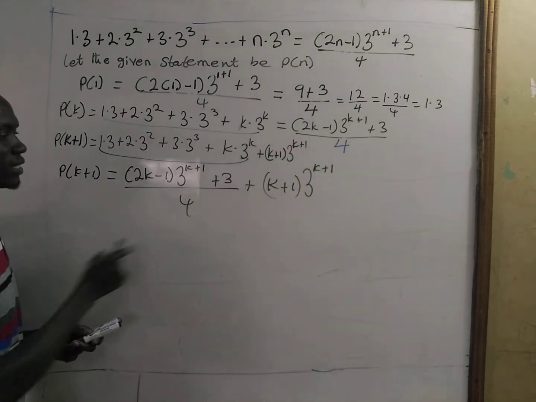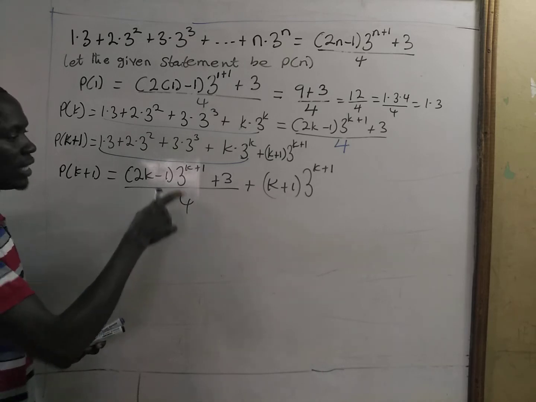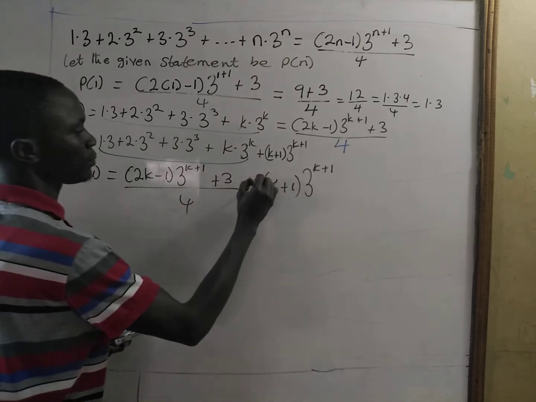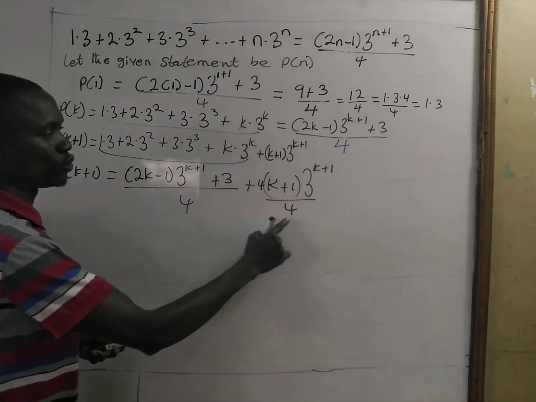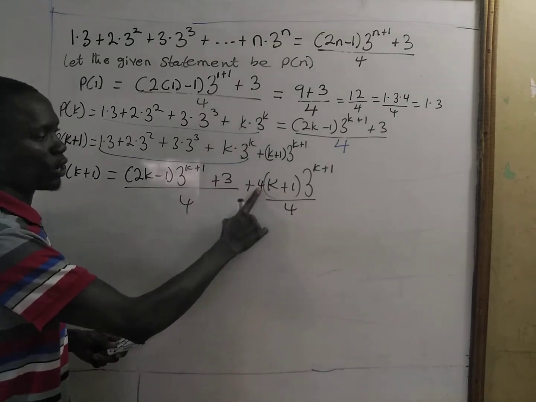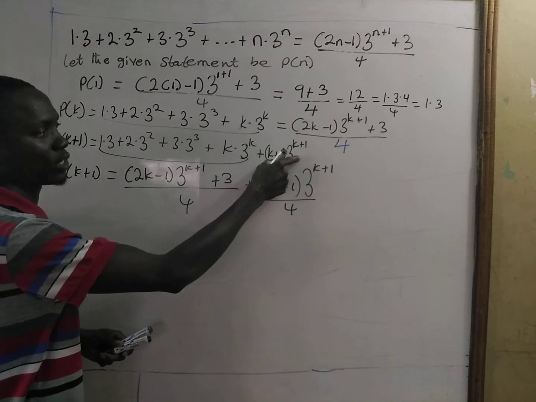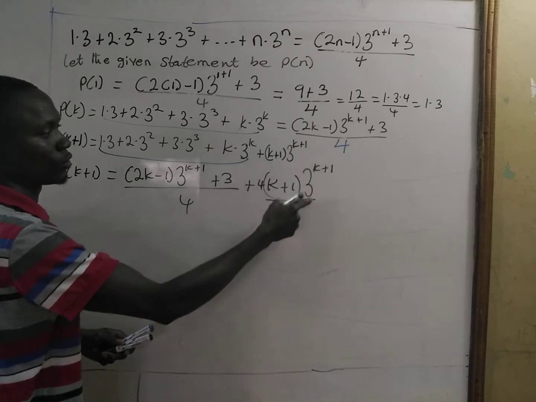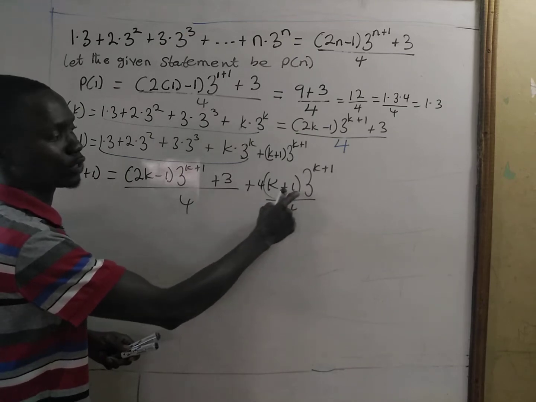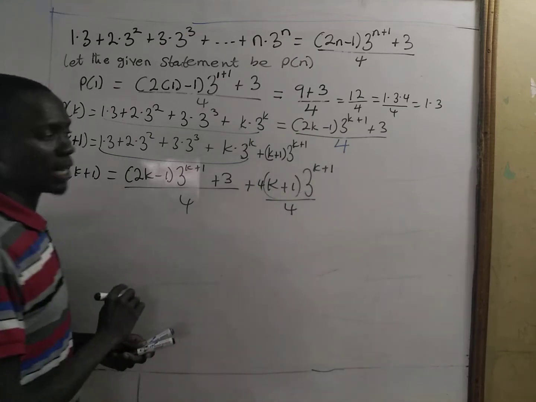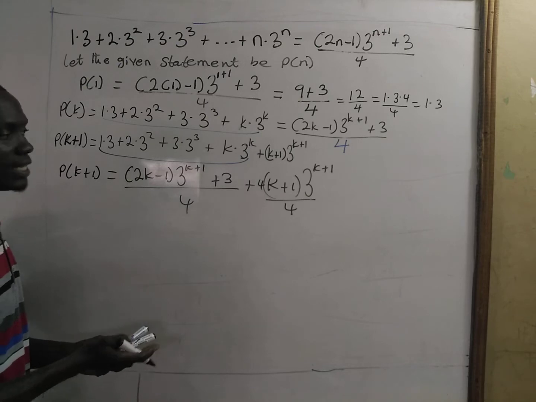Wow. So now let's solve this. Here we have the LCM to be 4. So we can multiply here by 4 and divide here by 4 so that you have the same denominator. If 4 cancels 4, you come back to what we have here, that is k plus 1 times 3 to the power k plus 1, so you have not done anything.